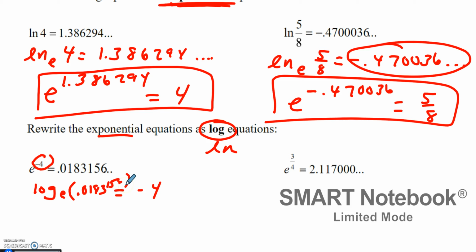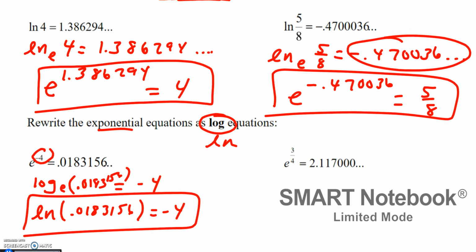Got a little squish there. Now, instead of writing log base e, it's more common just to write ln of 0.0183156 equals negative 4. There's my conversion into a log.